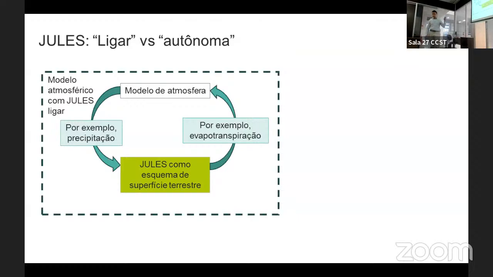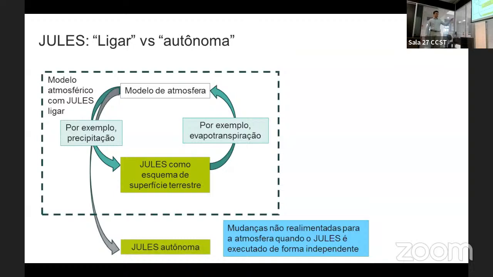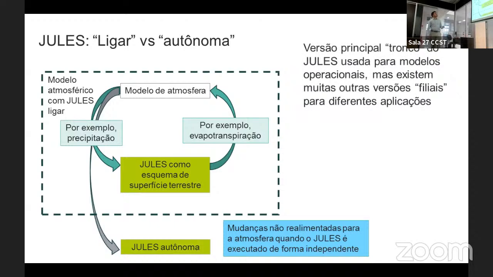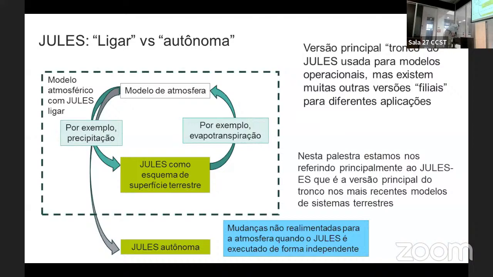So a lot of people decide to run JULES independently from the atmosphere and use historical driving data to simulate it. Obviously there's code stuff as well. We're going to be principally focused on the JULES standalone configuration for this talk.